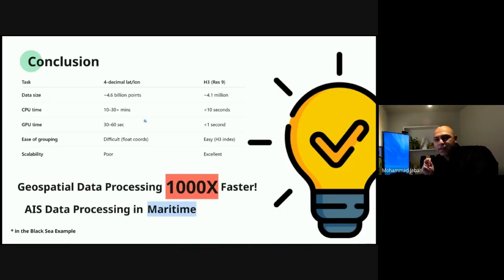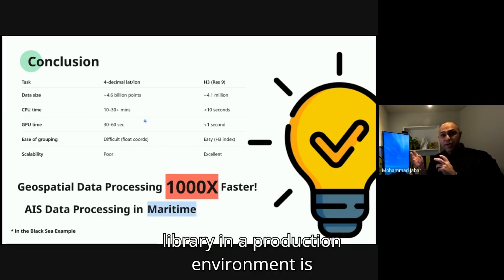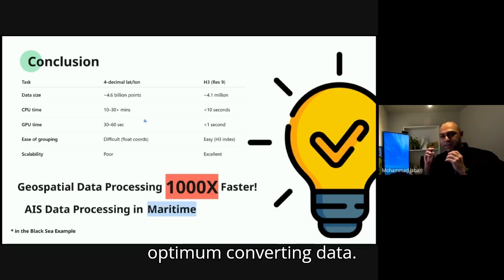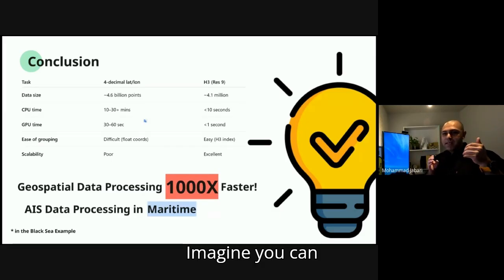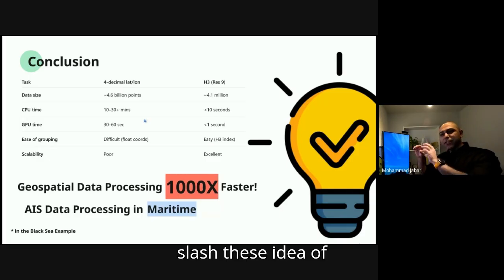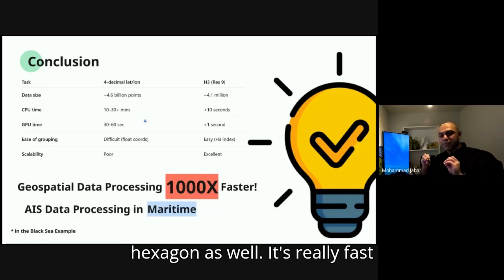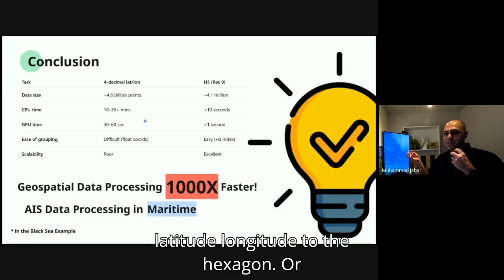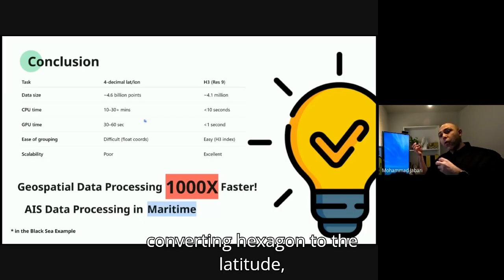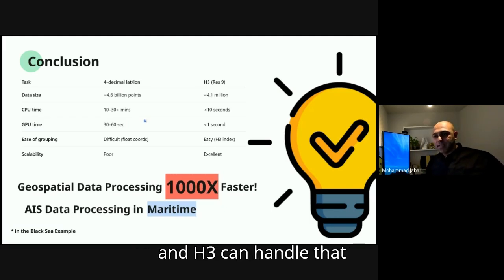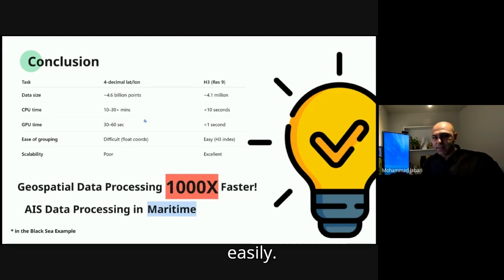The good part of this library in a production environment is that it is very fast and very optimum at converting data. Imagine you can store your data as latitude and longitude as well as the ID of the hexagon. It's really fast when you call the function to convert the latitude and longitude to the hexagon, or converting the hexagon to the latitude and longitude. It's totally reversible, and H3 can handle that easily.